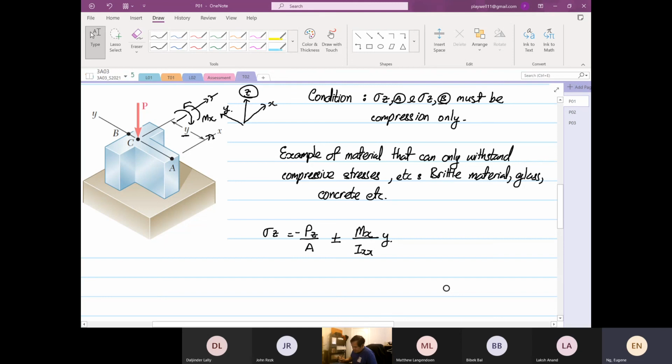So if I were to expand this formula further, this will be equal to minus Pz over A. I'll call this Y squigger. Y squigger is the distance from the centroid.